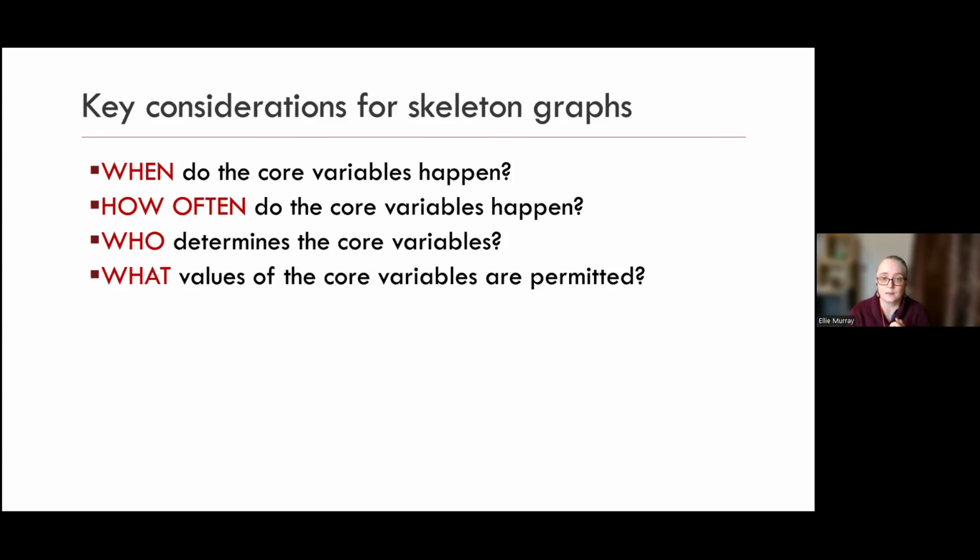So are these things that the investigator is saying we're only going to include people who have this set of variables, or randomization, for example, which is assigned by an investigator, and where those are determined by the investigators, what values are permitted.